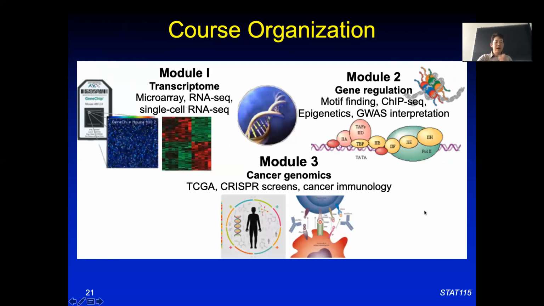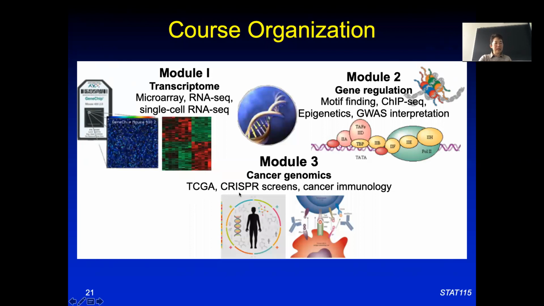And the third part, I apologize, is very cancer focused, because I work at Dana-Farber Cancer Institute, and cancer is a big problem, and a lot of the new technologies and new data are coming to it. I would say it's the most cutting edge in terms of technology, and there's also a lot of interesting data that's publicly available. So we will talk about some major cancer projects and also CRISPR.